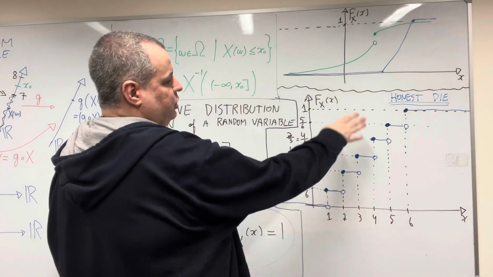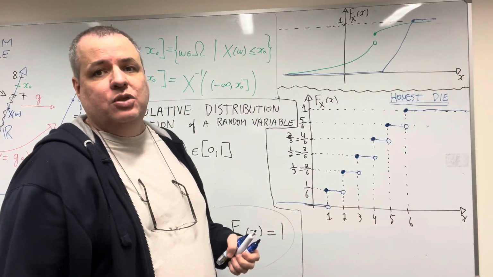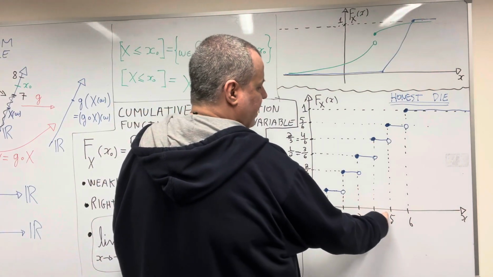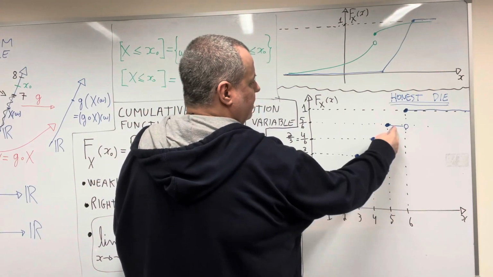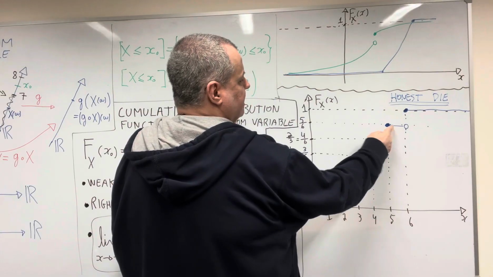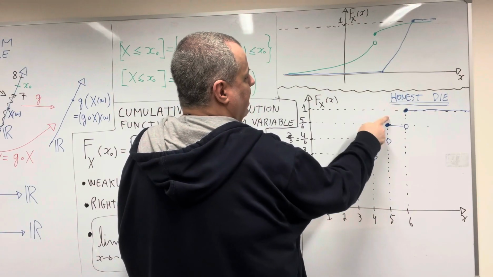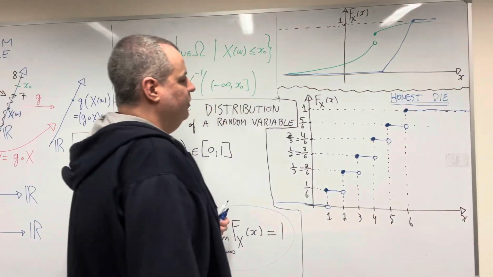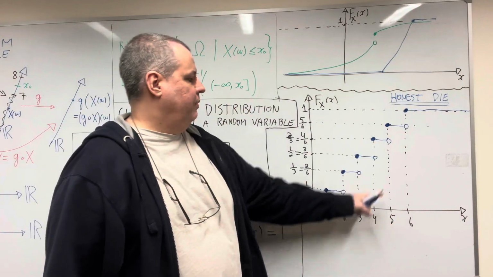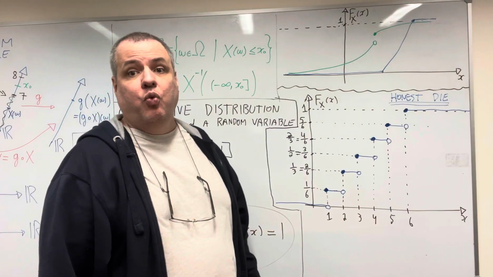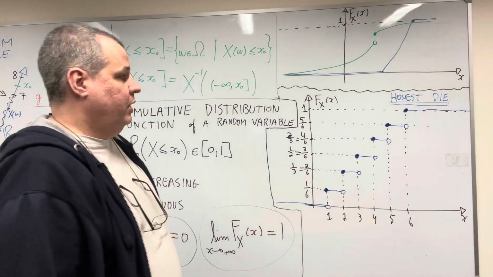So that function is not continuous, it is right continuous, because at any point, for example when we approach 5 from the right-hand side, the function is continuous, but not when we approach from the left. The function has a jump up at 5. So this function is not continuous, but it is right continuous.